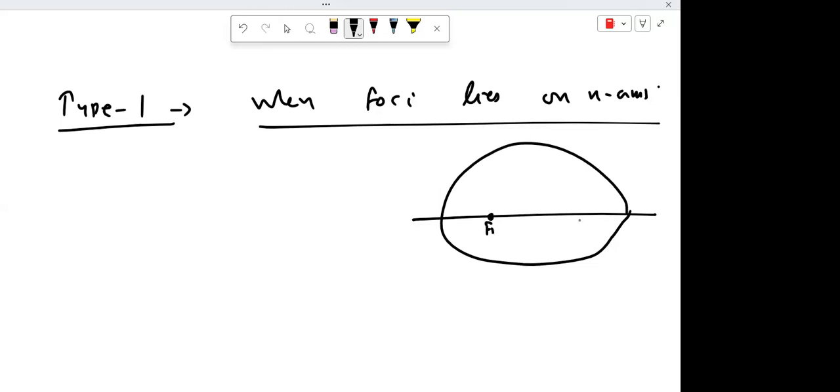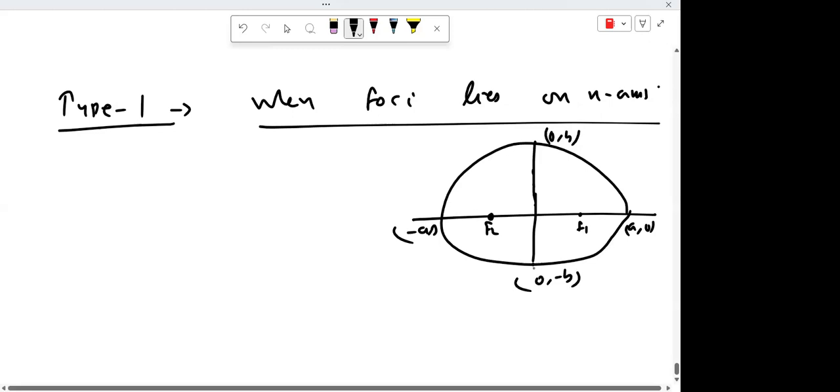So this is F2 and F1. We have to figure out everything about this. This is the minor axis and that is the major axis. These are a comma 0, minus a comma 0, 0 comma b, and 0 comma minus b.